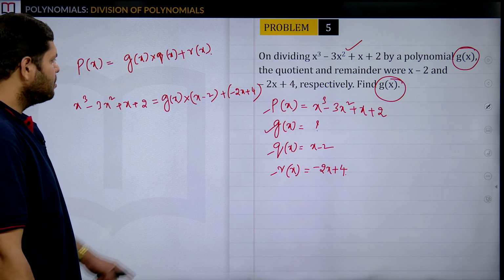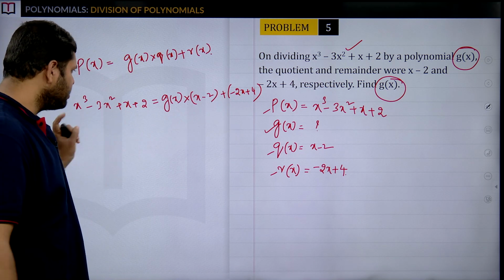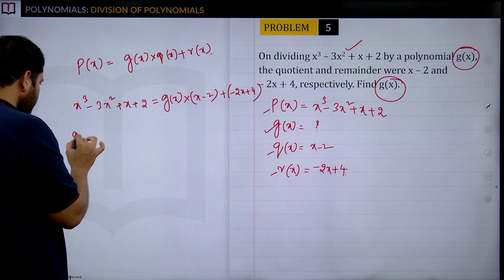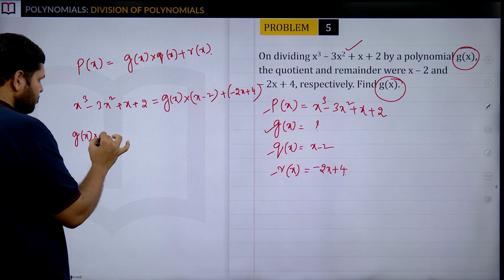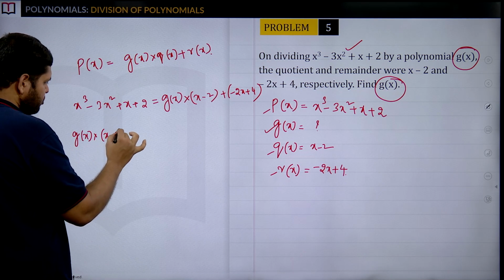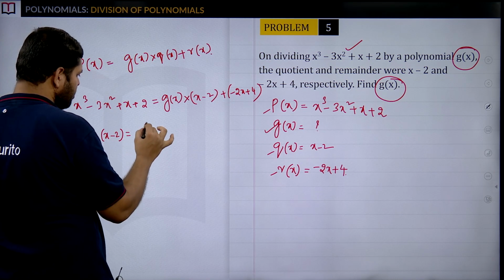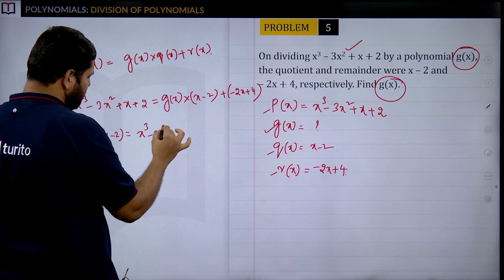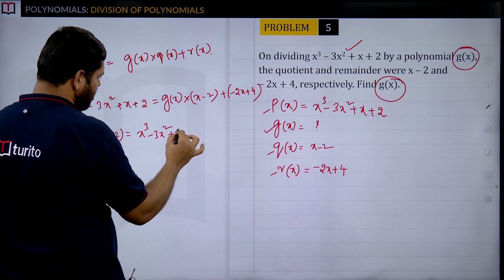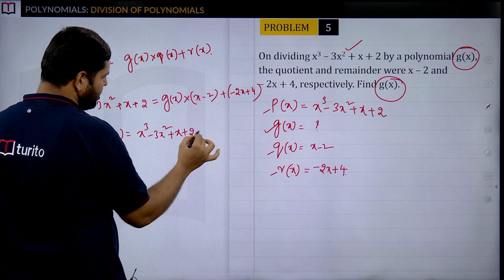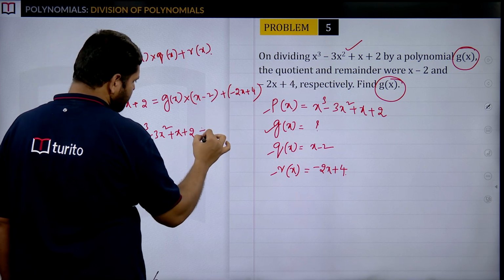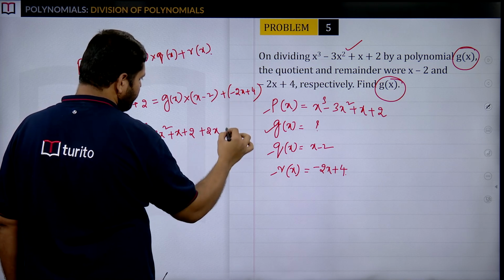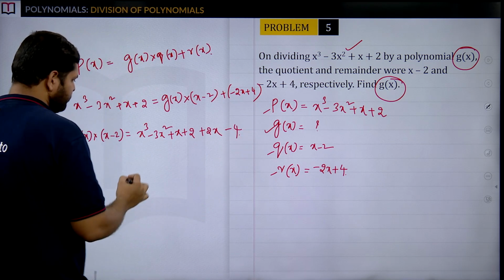Okay children, you do one thing: transpose this minus 2x to this side. So g of x into x minus 2 equals x power 3 minus 3x square plus x. Minus 2x becomes plus 2x, plus 4 becomes minus 4.